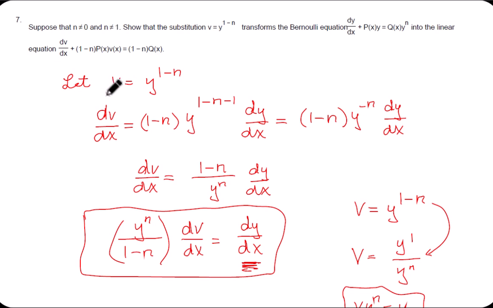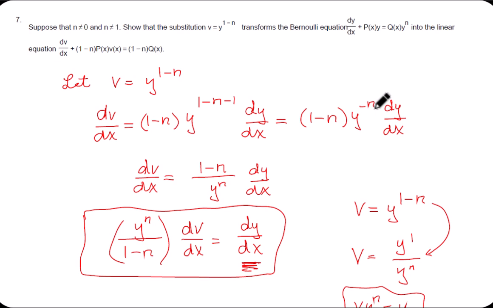All right, well, let's see. V is this, so dv dx, differentiating this by the chain rule, 1 over n in the front, 1 minus n, y to the 1 minus n minus 1. But 1 minus 1 is 0, so I get a y to the minus n.